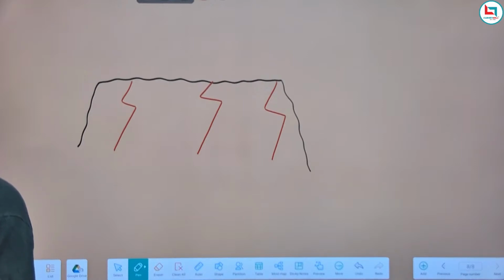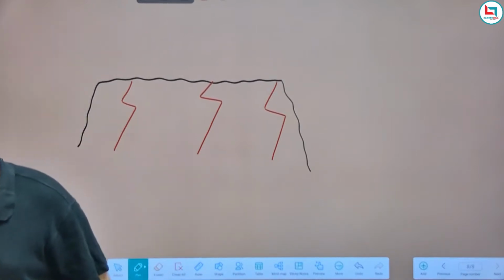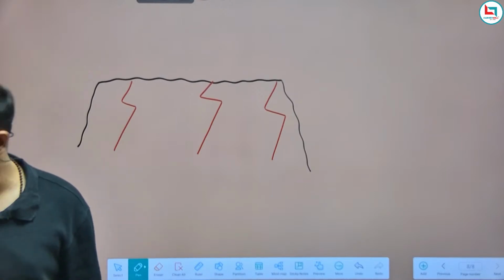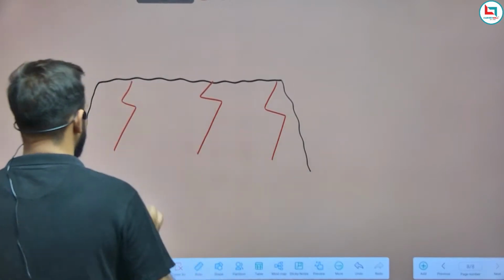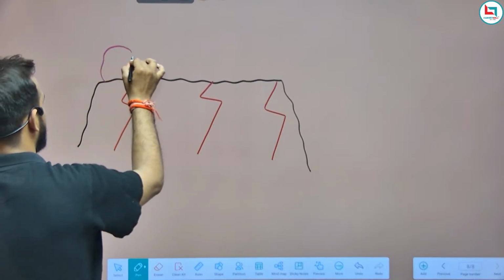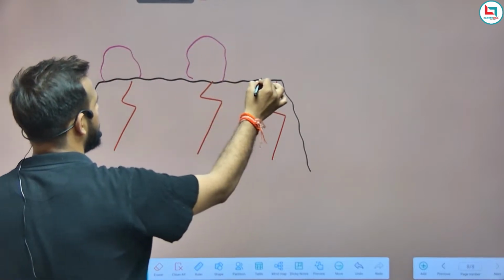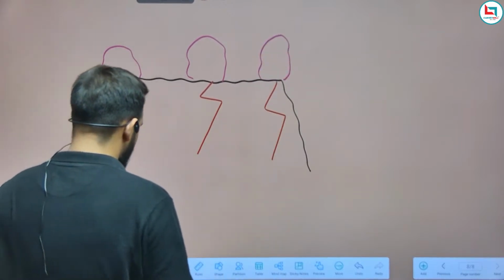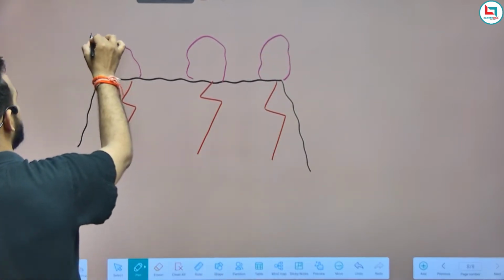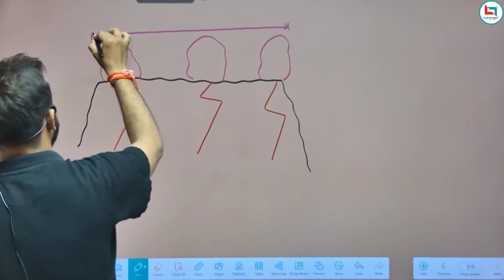Okay, now in this particular thing, when lava will upsurge, here we will see that this particular lava will not get in close proximity with each other. So here we will see the formation of volcanic range.